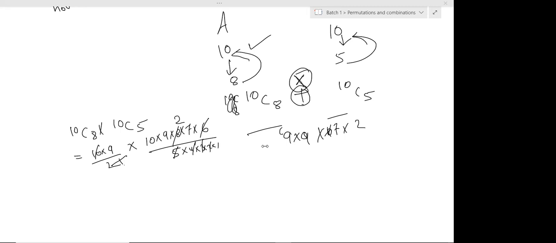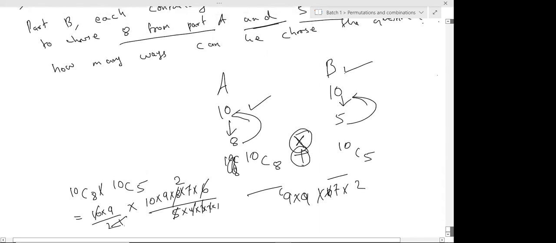Why I chose to multiply: see, Gautam, I told you the fundamental principle of addition and multiplication, right? Whenever you use the word and, you have to choose 8 questions from part A and 5 questions from part B. So choosing 8 questions from part A is 10C8, choosing 5 from part B is 10C5.